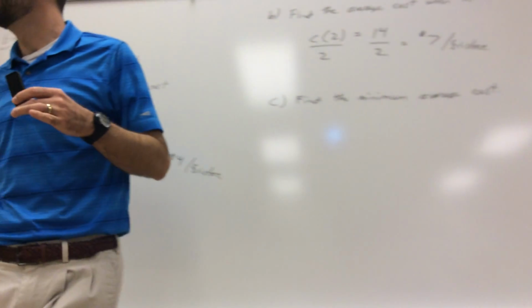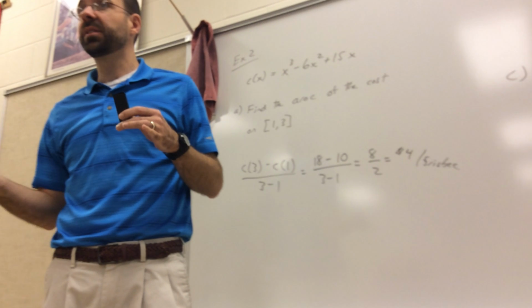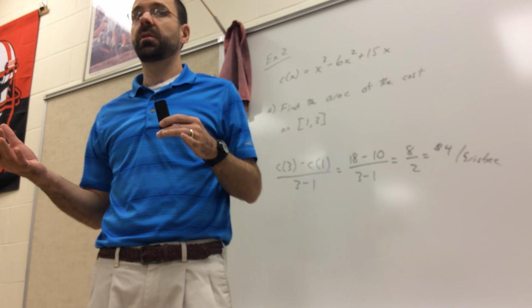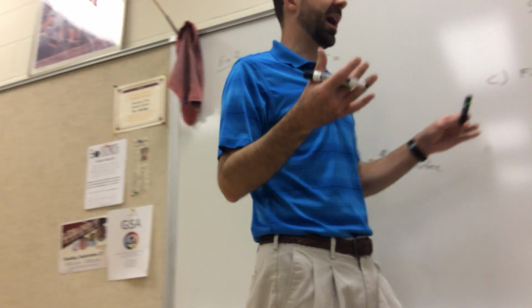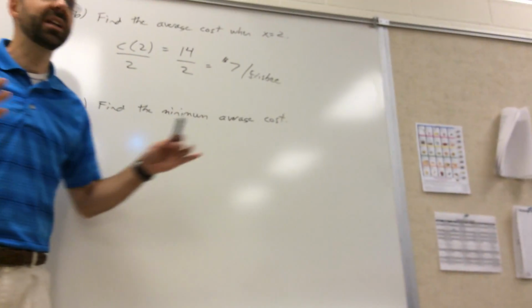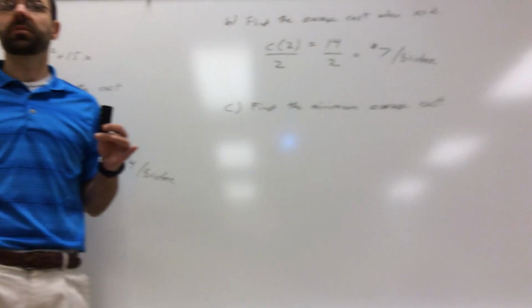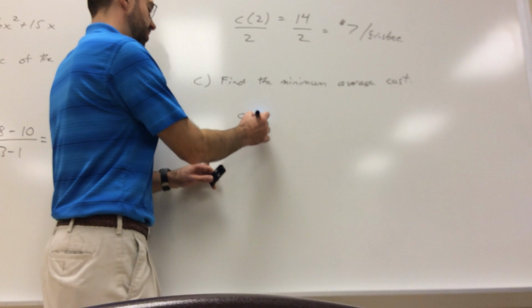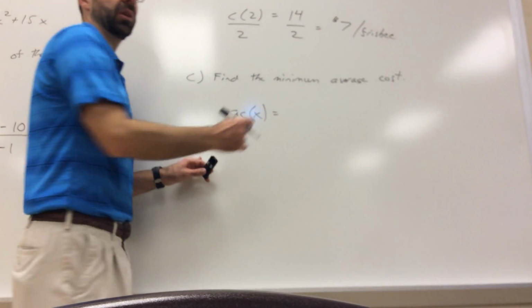So for example 1, we wanted the maximum profit, so we wanted a formula for profit. So in this question, we want the minimum average cost, so we need a formula for average cost.